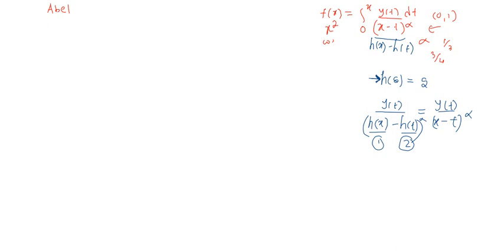But there will be some additional conditions. h of x cannot be any random function. It will have to satisfy certain conditions, like it should be a strictly monotonically increasing and differentiable function in the interval of integration, or you can say in the range of integration.